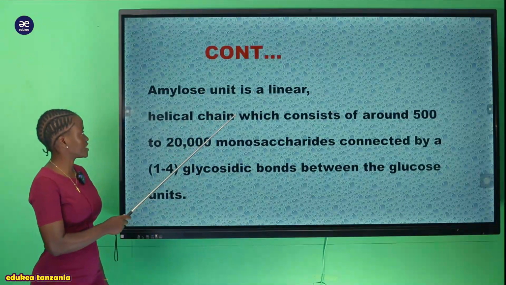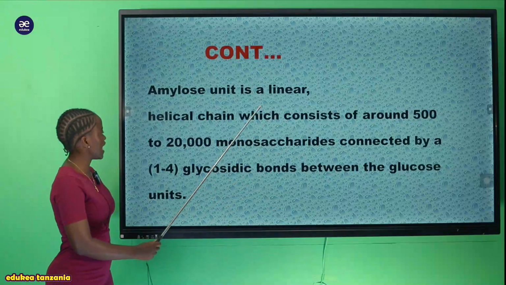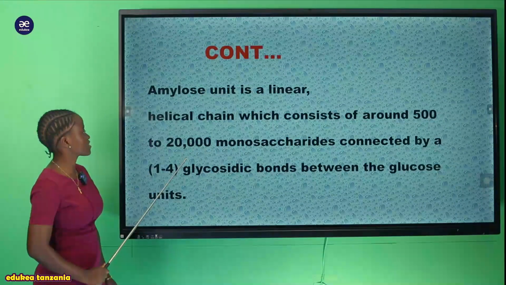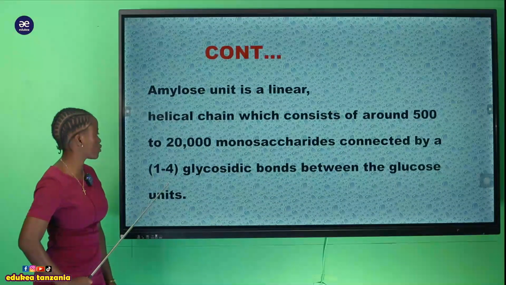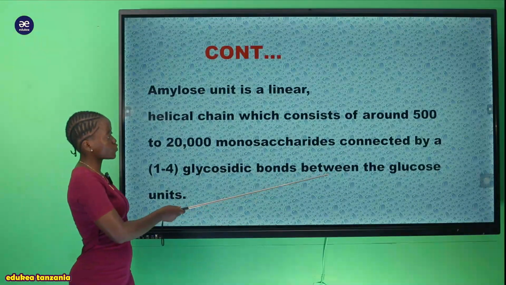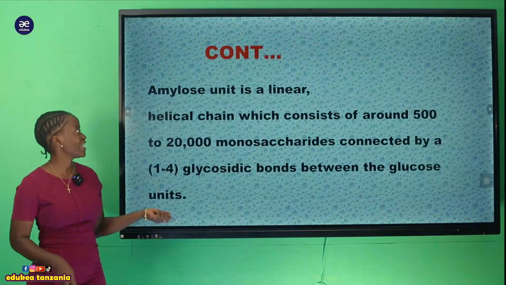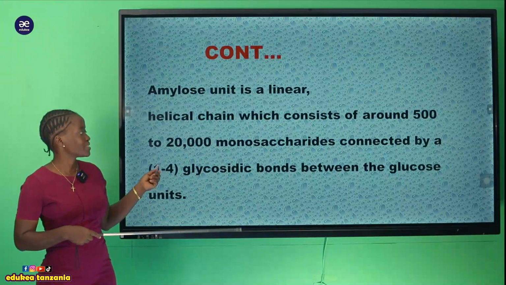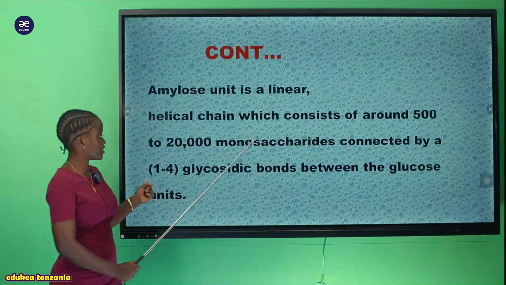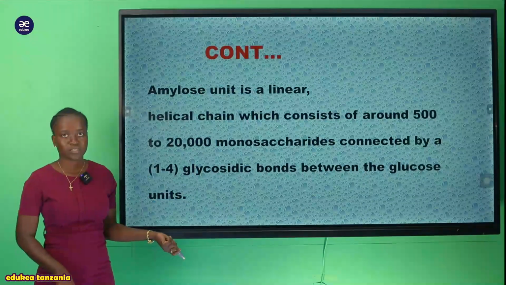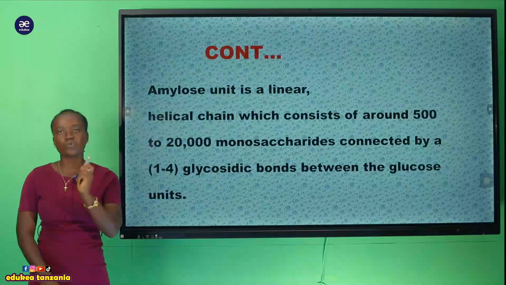So amylose unit is a linear helical chain which consists of around 500 to 20,000 monosaccharides connected by 1,4 glycosidic bonds between the glucose units. Kwa maana kwamba hile amylose group imetengenezwa na about 500 to 20,000 molecules of monosaccharide, that is the alpha glucose.